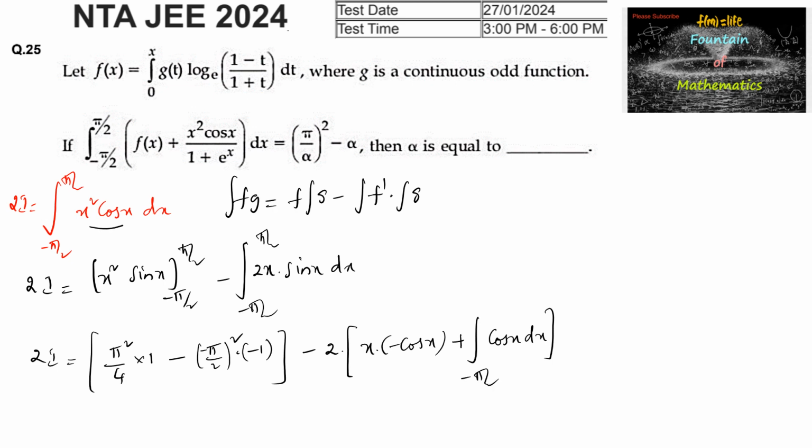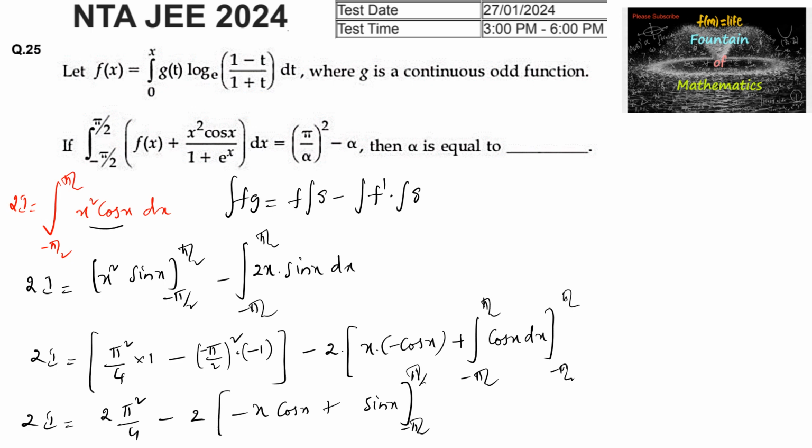Over the limits minus pi by 2 to plus pi by 2. So we can write 2I is equal to pi square upon 4 here, and here it is minus of minus, plus pi square upon 4, that is 2 times pi square upon 4 minus 2 times of minus x cos x plus integration of cos x, which is sin x, over the limits minus pi by 2 to plus pi by 2.